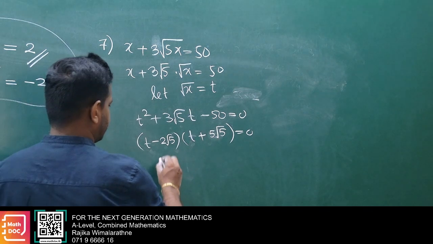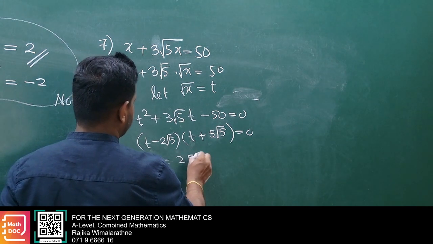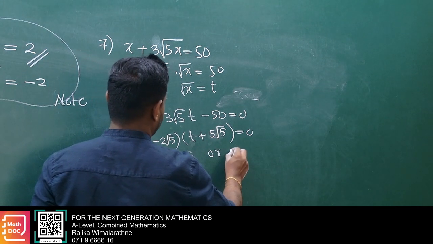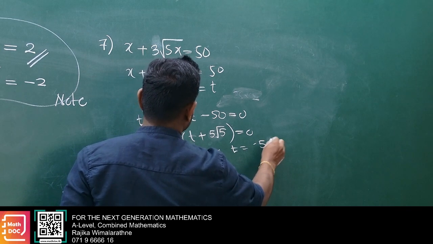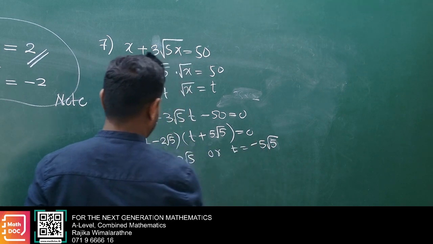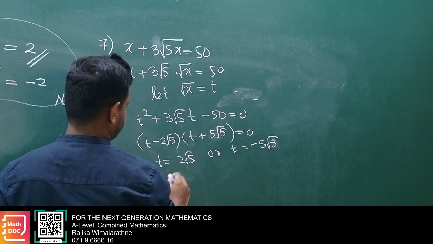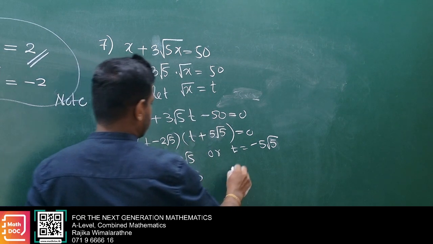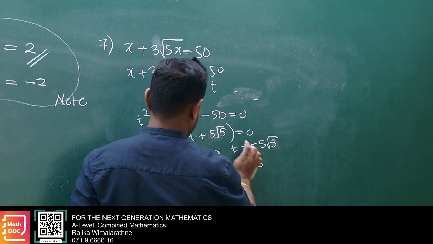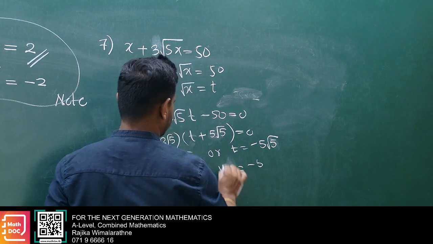Then t equals 2 root 5 or t equals minus 5 root 5. Then t means root x.